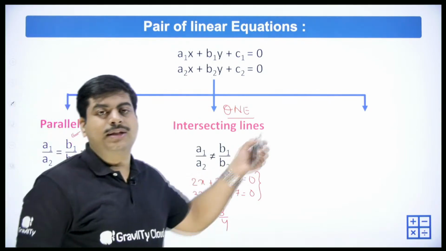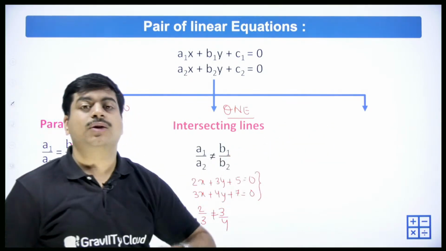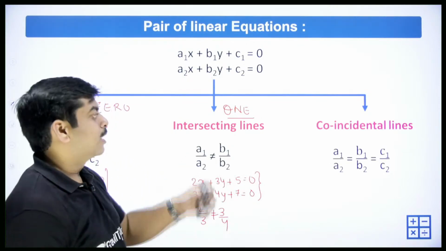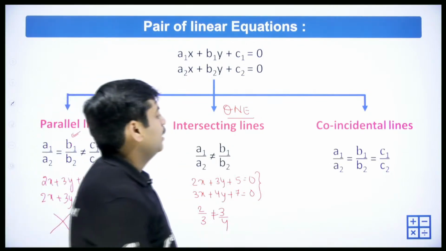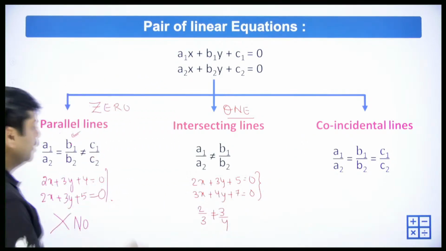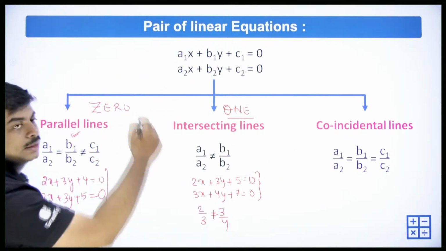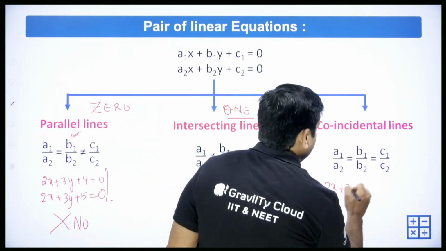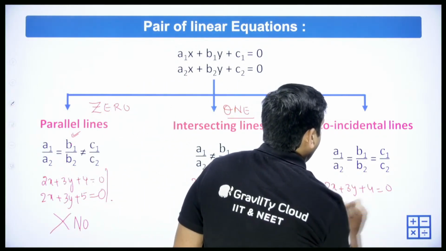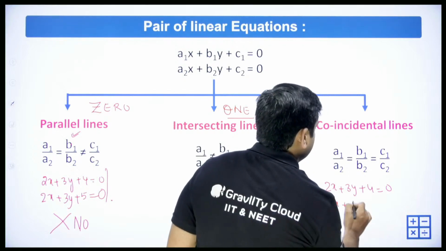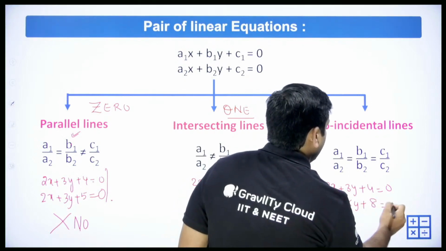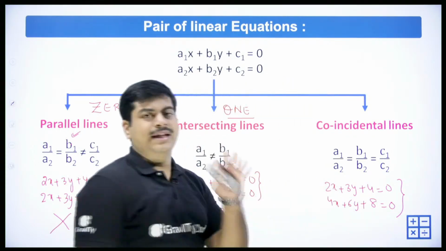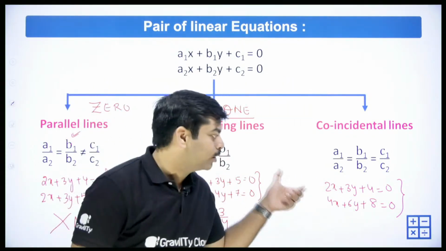We should also discuss the other case where the lines are coincident lines, where a1 by a2, b1 by b2, and c1 by c2 are all equal. I'll give you an equation. 2x plus 3y plus 4 is equal to 0, and 4x plus 6y plus 8 is equal to 0. For appearance, these are two different equations.